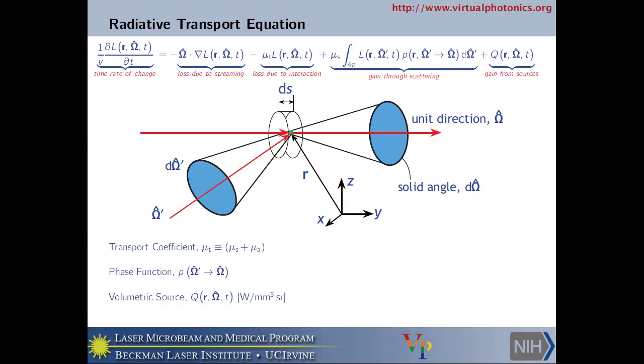You can also gain light. You can have a photon traveling, so we're interested in this omega here, going from left to right. Well, you can have other light in the medium that is propagating, going along its merry way, and then hits a scatterer and gets scattered into the direction you're considering. So this term considers all of this light that propagates in these different directions, omega prime. What is the probability that that light will be scattered from this direction omega prime into the direction omega that we're considering?